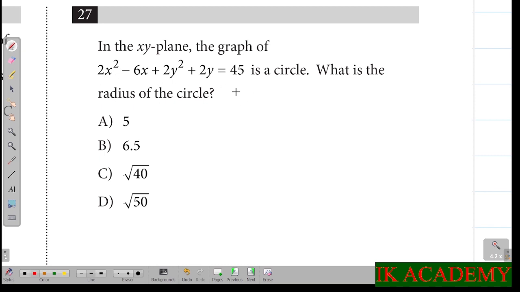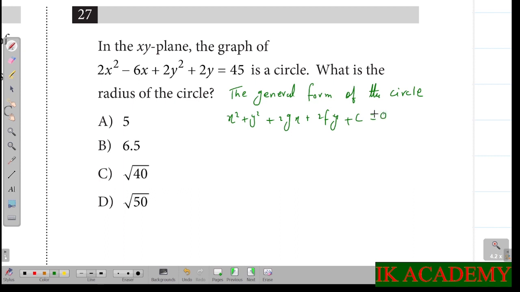So if we write the general form of the circle, it is x square plus y square plus 2gx plus 2fy plus c equal to 0. This is the general form of the circle.